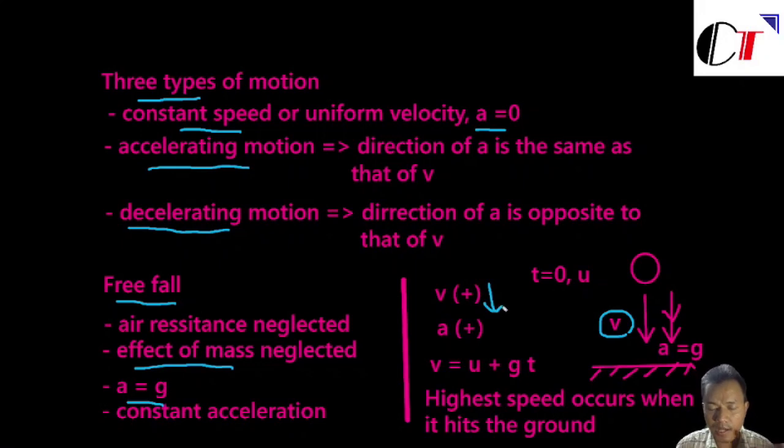And we proved in the last video that the acceleration is in fact just equal to the acceleration due to gravity, which means the acceleration direction is vertically downward. Now the direction of acceleration is the same as that of the velocity. So this means your object is speeding up or accelerating, and the rate of acceleration is just equal to 9.8 meters per second squared. So your motion is constant acceleration, and the acceleration is just equal to g.